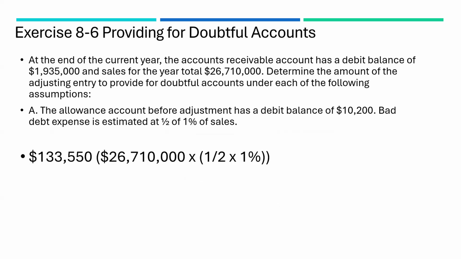So assuming that the bad debt expense is estimated at 0.5% of sales, we take 0.5% of the sales amount of 26 million, and we get our bad debt expense of 133,550.